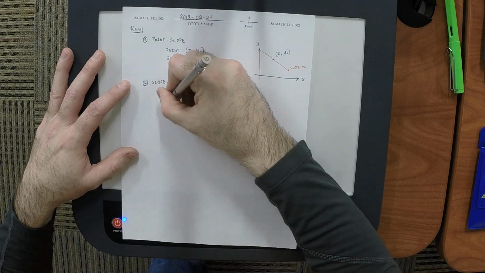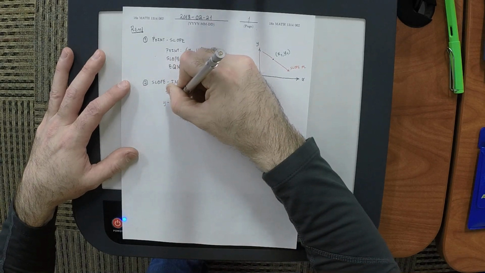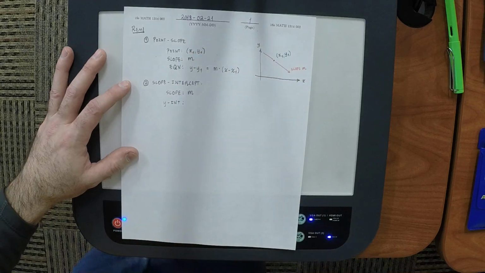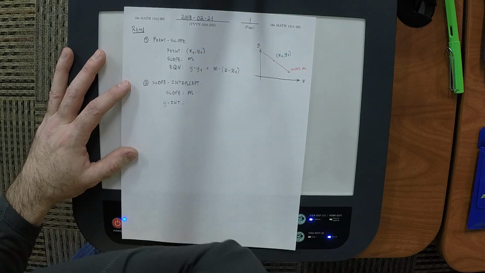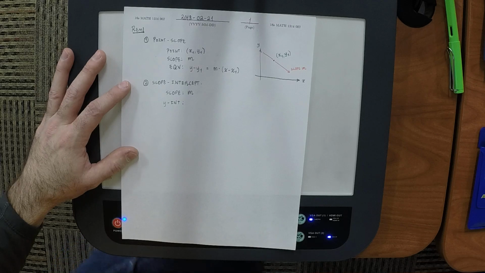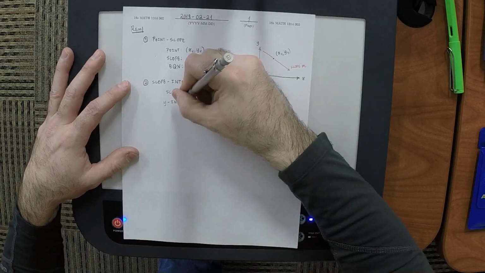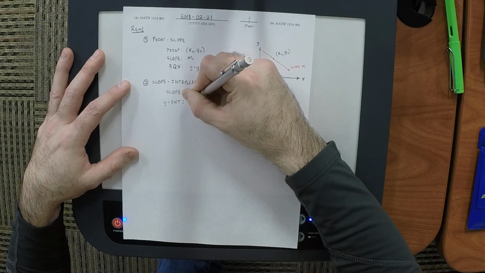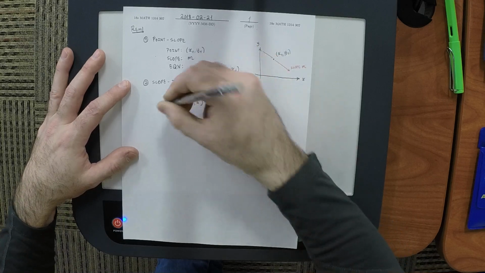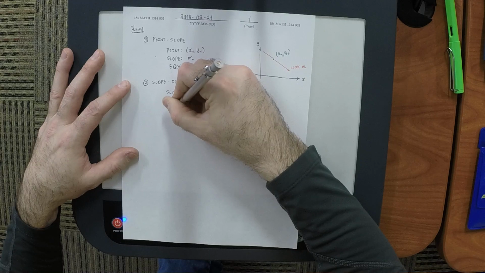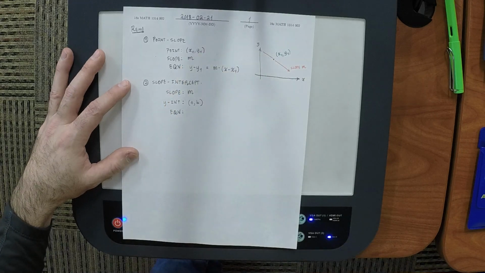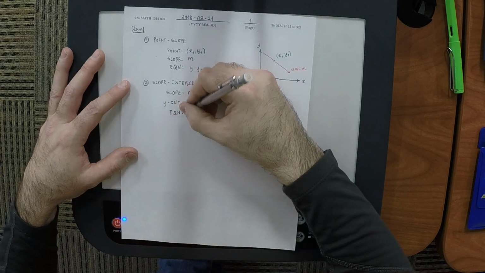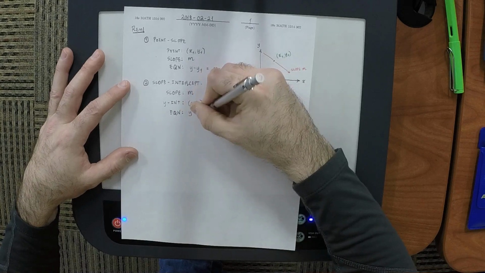I wish that instead of calling it slope intercept, it were called slope y-intercept, to get rid of that ambiguity. So the slope m and y-intercept b, in such a case, what is the equation? y equals mx plus b.